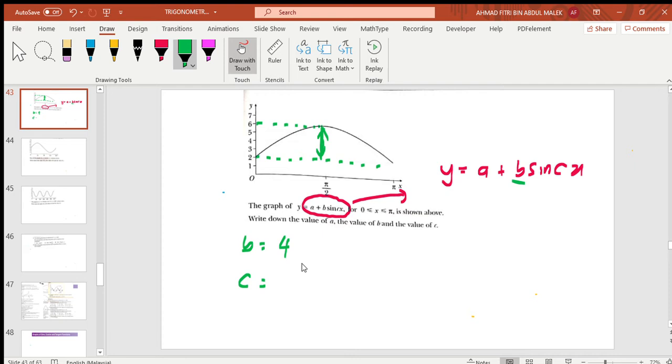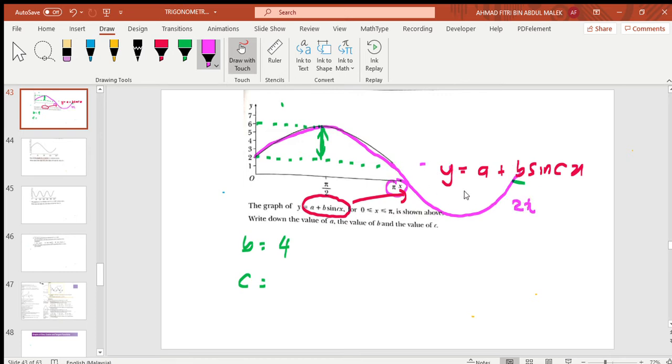Okay, so now look at C. So C, we can relate with our period, or you can understand by sketching the graph. Okay, so our graph here stop at here, but it stop here. Dia belum lagi 2 pi, is pi. So maknanya kalau we want to complete the graph, dia akan tetap jadi 2 pi here.